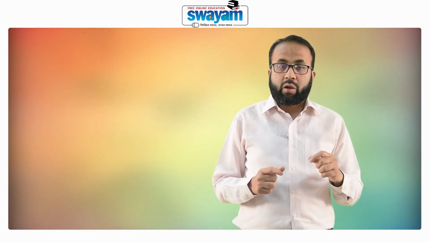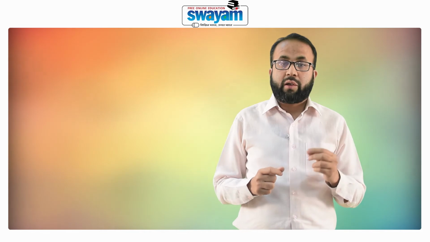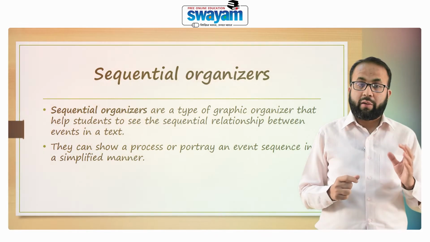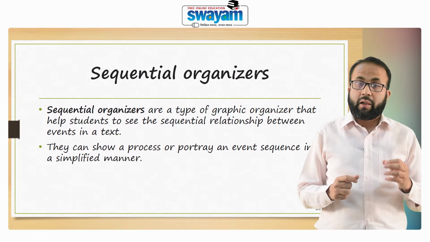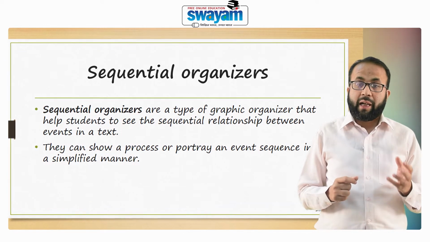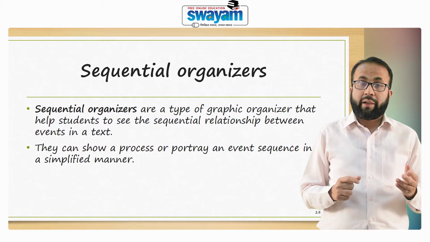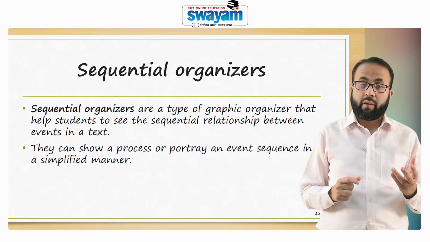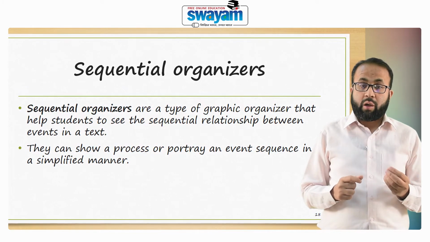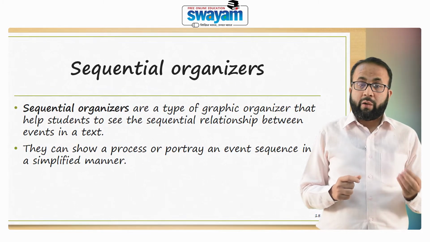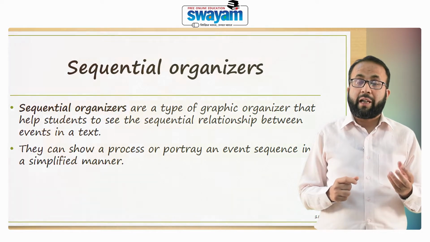Now, let us talk finally about sequential organizers. Sequential organizers are a type of generic graphic organizer that helps students to see the sequential relationship between events in a text. They can show a process or portray an event sequence in a simplified manner.